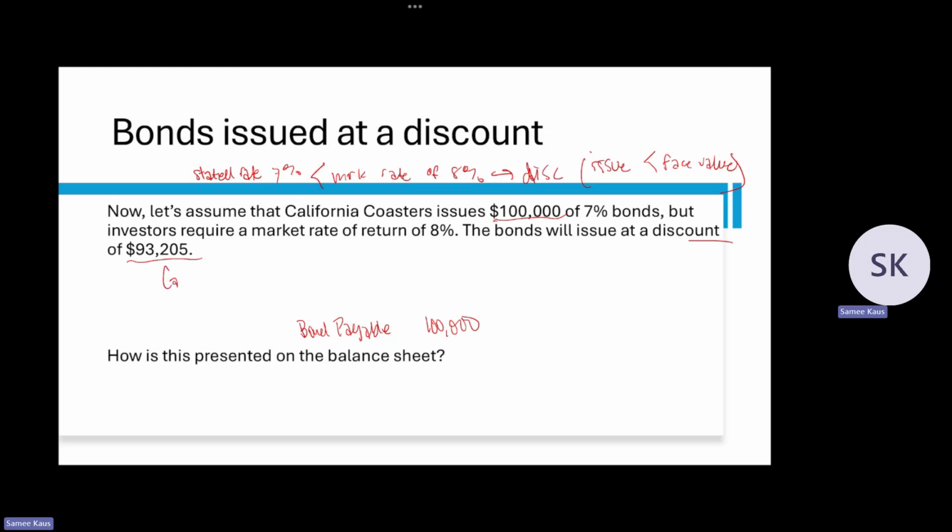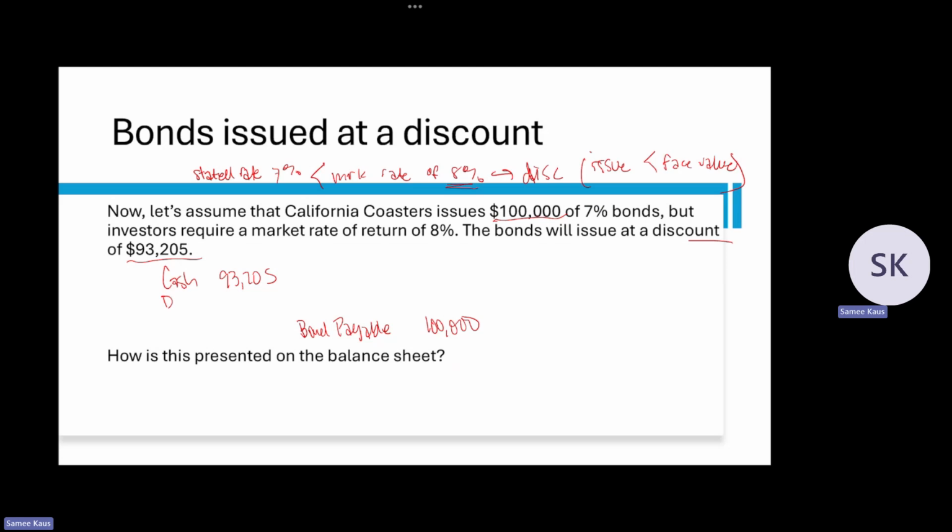So what that means is that, hey, this bondholder, they're only willing to give me cash of 93,205. Okay, so what that tells me is I have kind of a high default risk, right? So it's somewhat likely that I might not be able to make all of these interest payments, so they're not going to give me the full amount, right?